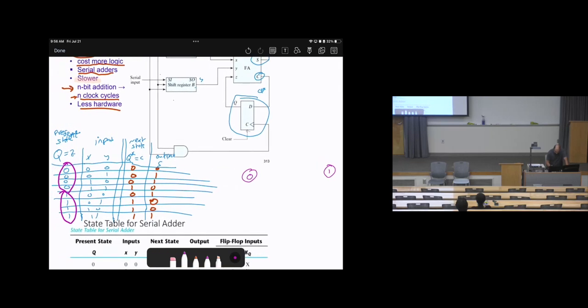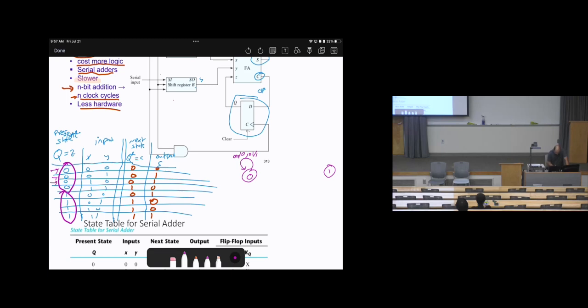So if the input is 00, it will remain at state 0 and the output will be 0. This is the first one. The second one, if the input is 01, it will remain at 0 but the output is 1. So, 01 and the output is 1 here.